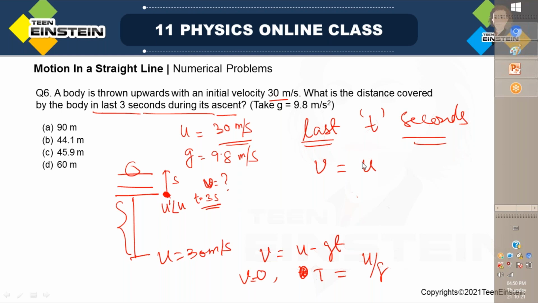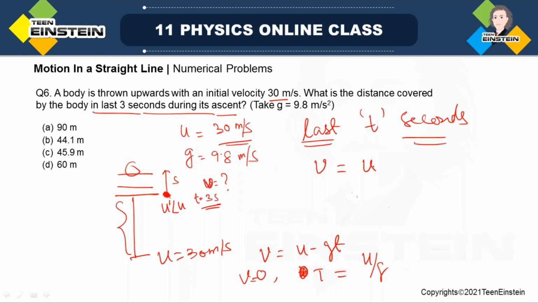Okay, so look here. We have to find out the velocity. We have the total time, but for the last 3 seconds you have to find the displacement. So you have to find out what the velocity is when the last 3 seconds starts.